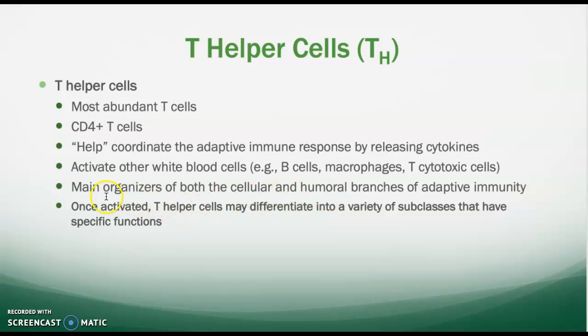They are the main cell that organizes both the cellular and humoral branches of adaptive immunity. And when they activate, they can be differentiated into a variety of subclasses that each have different functions. So think of those helper T cells, though, as really running the immune system at this point.